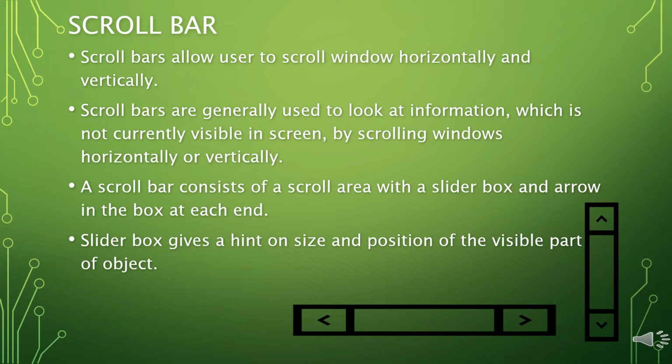A scroll bar consists of a horizontal or a vertical scroll area with a slider box and an arrow in a box at each end, as you can see in the picture. The slider box gives a hint on the size and position of the visible part of the document.